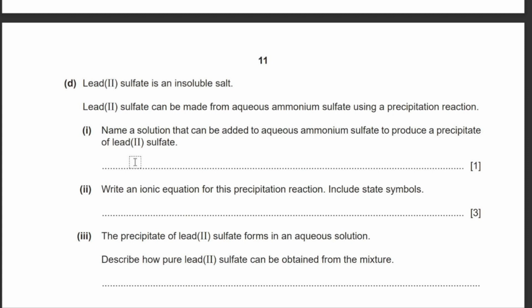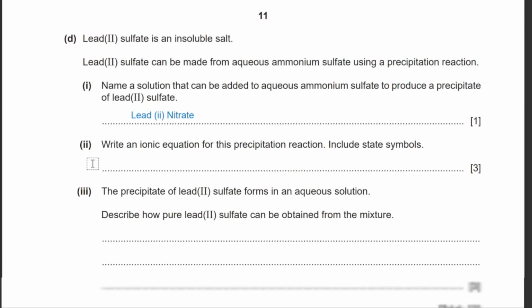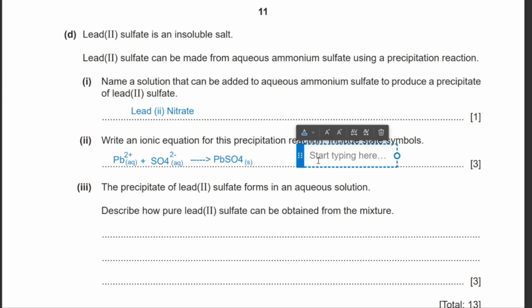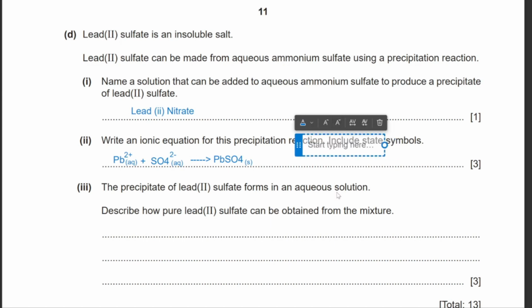The lead in the lead(II) nitrate replaces ammonium and forms lead(II) sulfate, while the ammonium in the ammonium sulfate reacts with the nitrate to form ammonium nitrate. Write an ionic equation for this precipitation reaction. Include state symbols. There we have it. That's the ionic equation of the reaction.